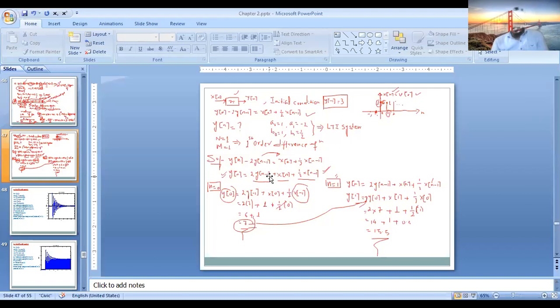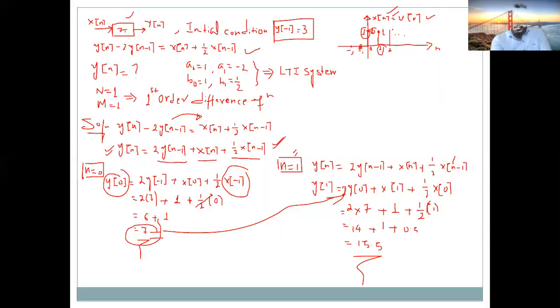So you continue like this. We calculate the output like this from the difference equation, but it's iteration, right? You calculate y of 0, y of 1 depends on y of 0, y of 2 depends on y of 1, right? Now let's calculate one more.